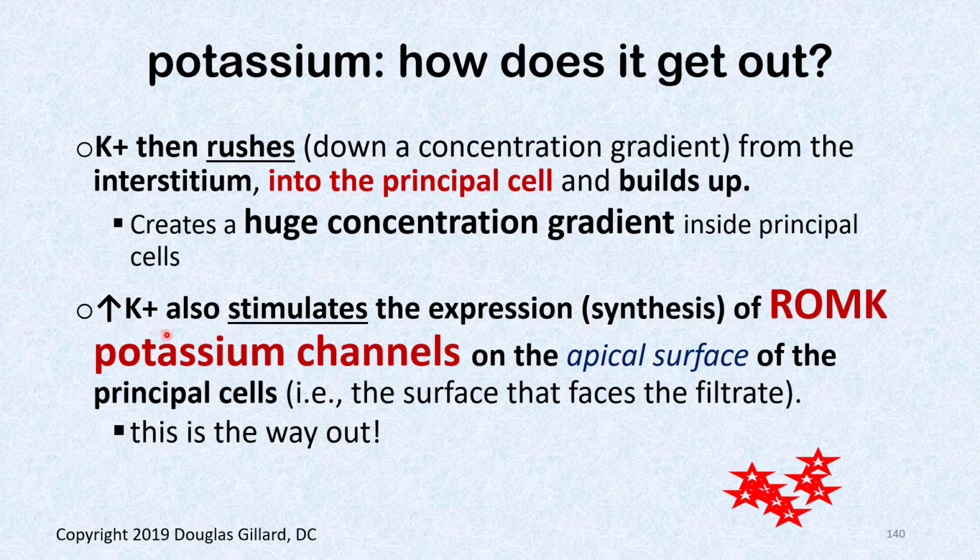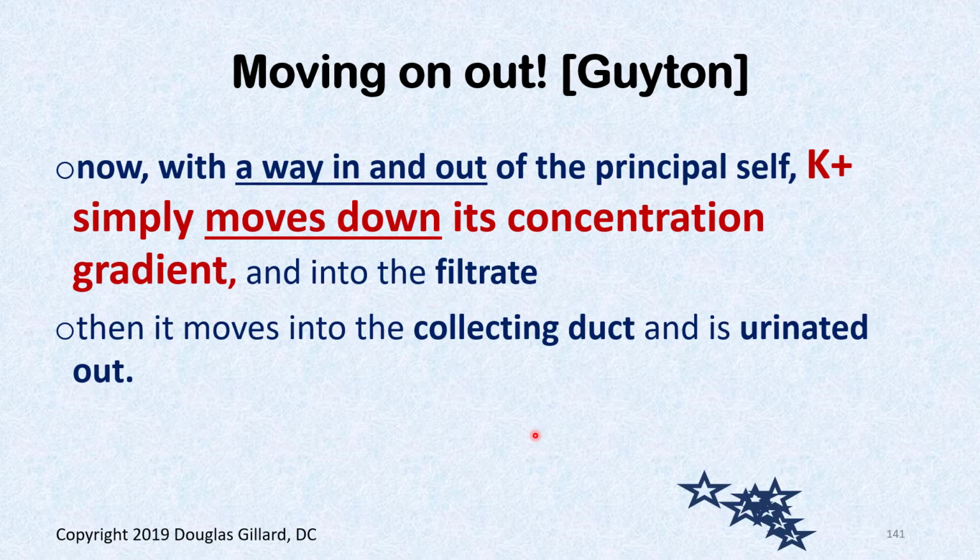So the increased potassium again stimulates the expression of another kind of channel. These are called ROMK channels. ROMK potassium channels. These are on the apical surface of the principal cells. This is their way out. So now we have a way in and a way out of the principal cell. So potassium can move that way down its concentration gradient.